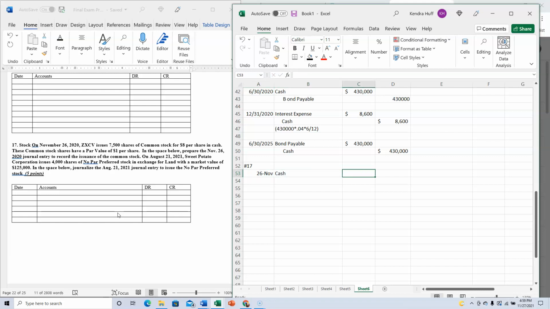We received some cash. We received 8 times 7,500 shares. And then we issue common stock, so we're going to credit common stock.